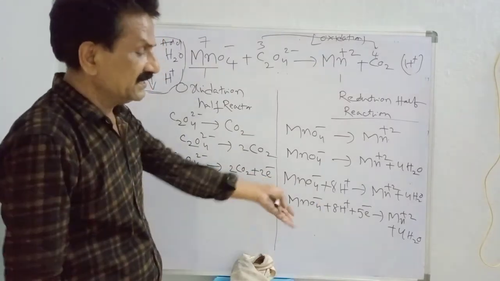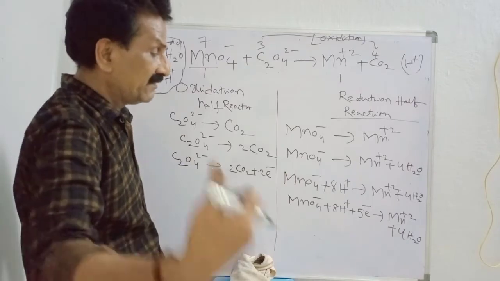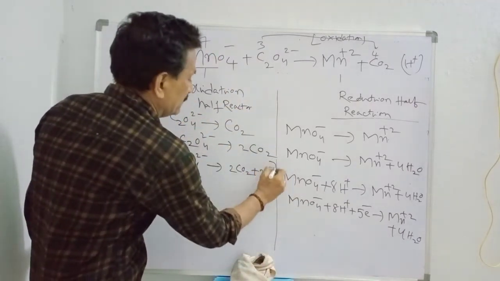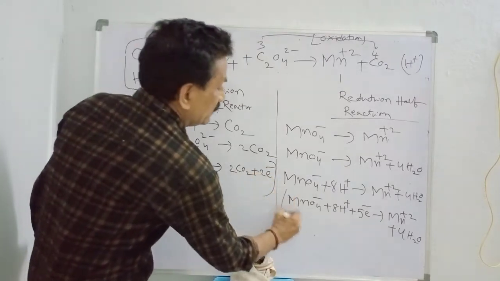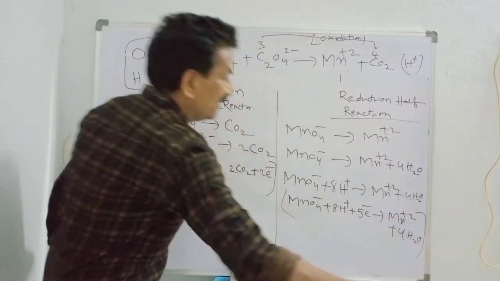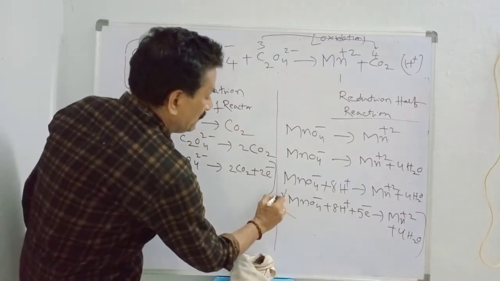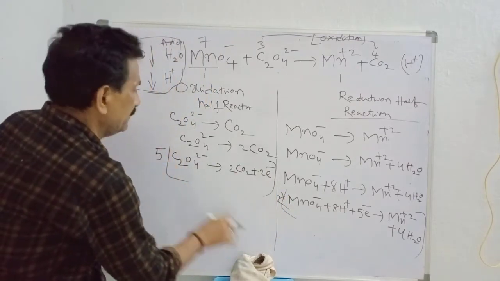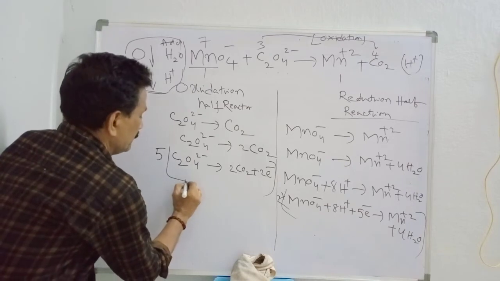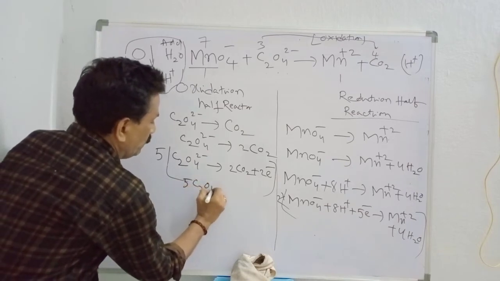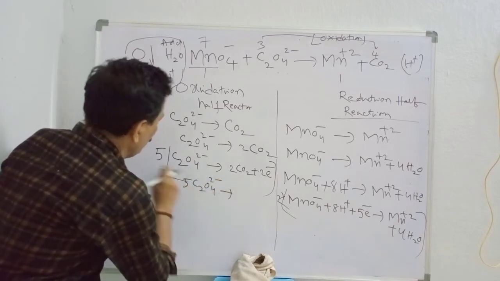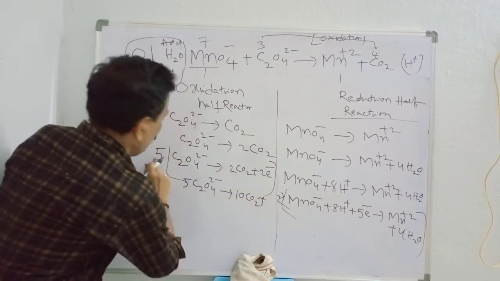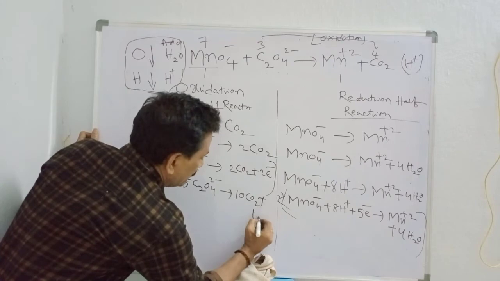Okay, everything is over. Again, another step. You must satisfy the electrons. Here 2 electrons, here 5 electrons. You must balance. So you multiply with 5 and with 2. So 5 C2O4 2 minus gives 5 into 2, 10 CO2 plus 5 into 2, 10 electrons.